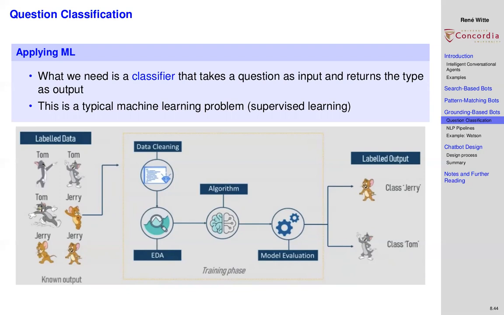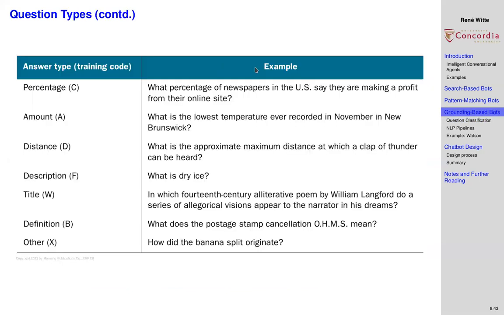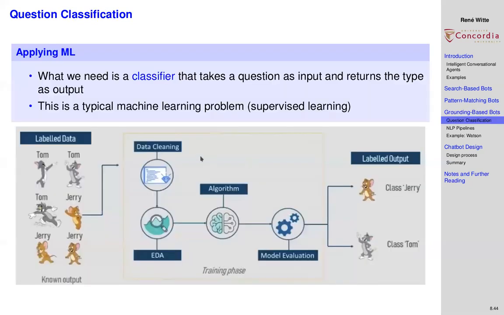We need some training data, a lot of example questions where we have the label available, knowing that this is an amount question, this is a distance question, and so on. Then we need a machine learning algorithm. You learned some of them, and in a machine learning course, you learn a lot more. And then we can train this algorithm, and for every new question, we can generate the label.